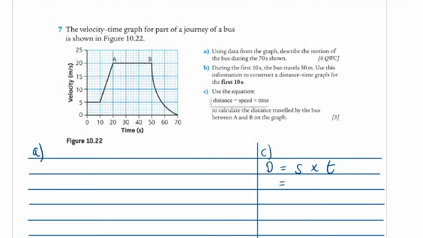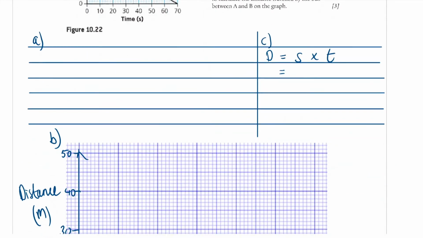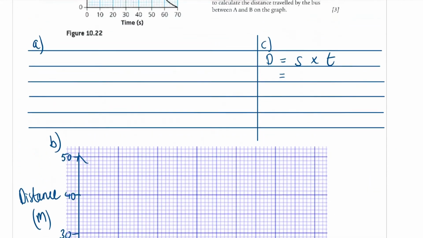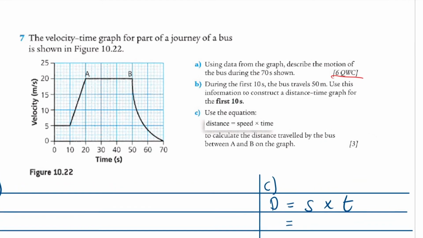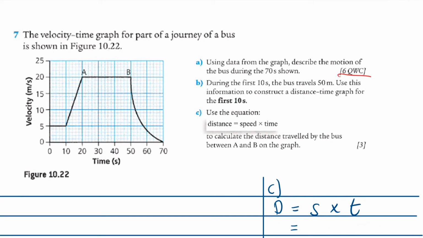The final question, the final page in fact, on the booklet, page 38. 3 parts to it, A, B and C. First part is a 6 marker again, so good detail required in that description. Now when you answer this, if you break down the answer into chunks or sections, it will really help you get those 6 marks.